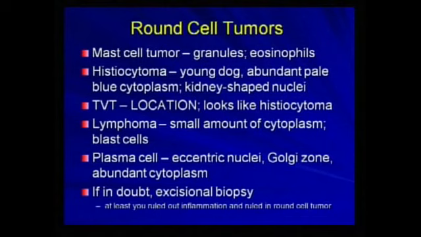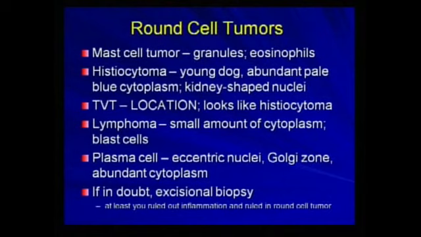So here is the bottom line on our round cell tumors. Mast cell tumors, you're going to see hopefully metachromatic granules or purple granules within the cytoplasm, and you may see eosinophils within the stain. The absence of eosinophils does not preclude a diagnosis of mast cell tumor.